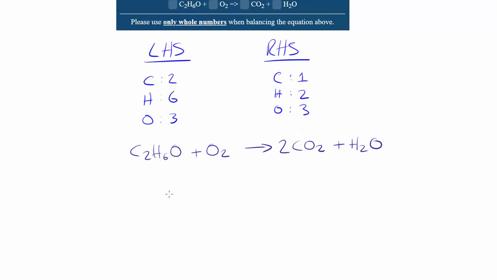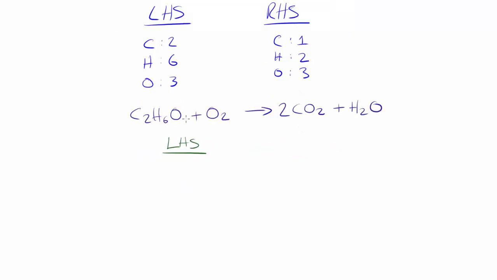Well, for the left-hand side, we didn't actually change anything, so effectively what it was before is what it's going to be. It's not going to change, so it's going to be 263. And on the right-hand side, however, it's going to be a bit different.